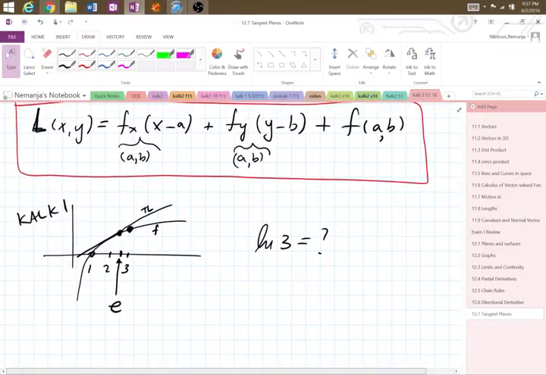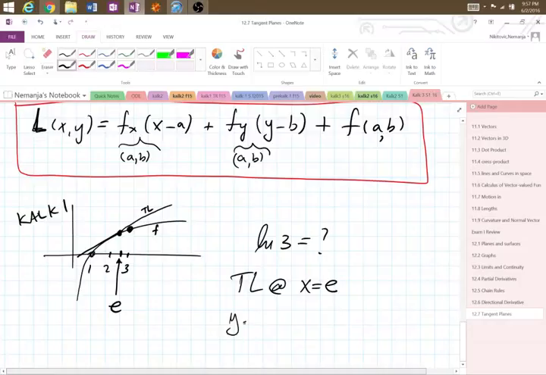We find the tangent line at x equals e, because that's easy, cheap to compute. And then once we have the tangent line y equals mx plus b, we plug the 3 in there, and we get some number. That number will be very close to this number.